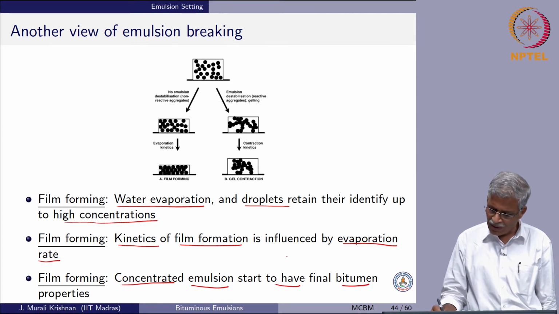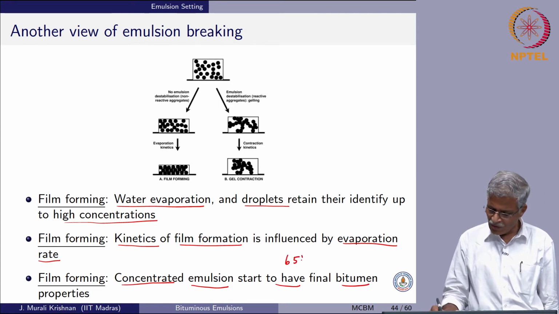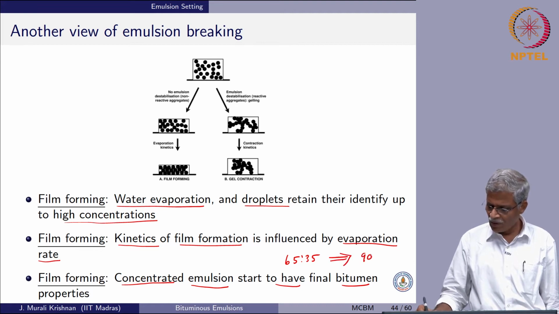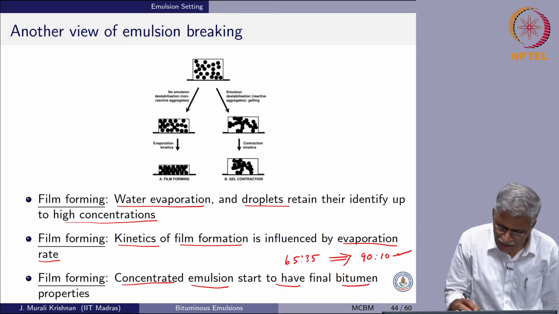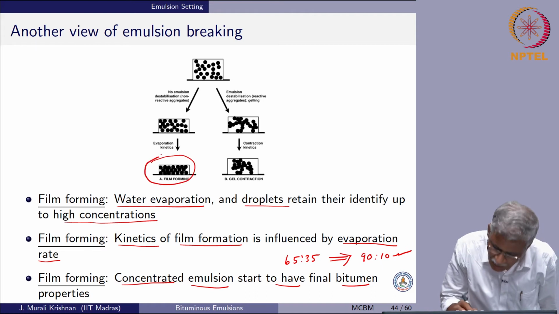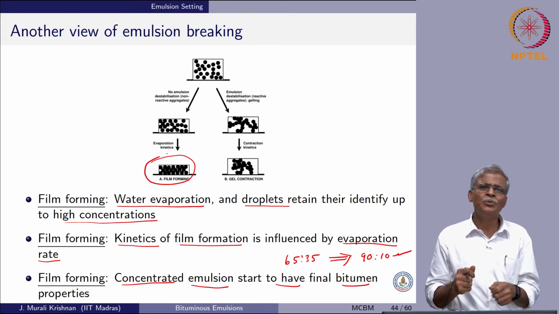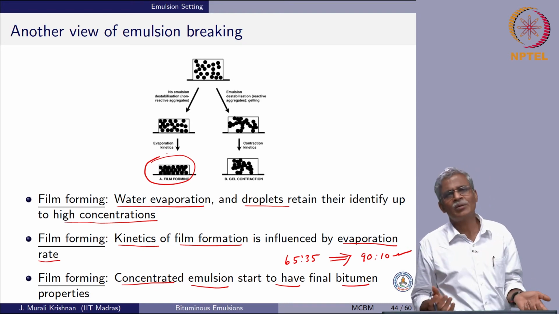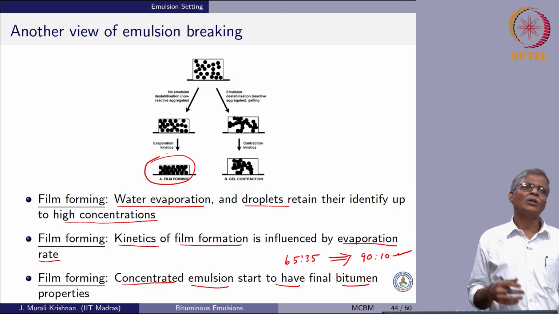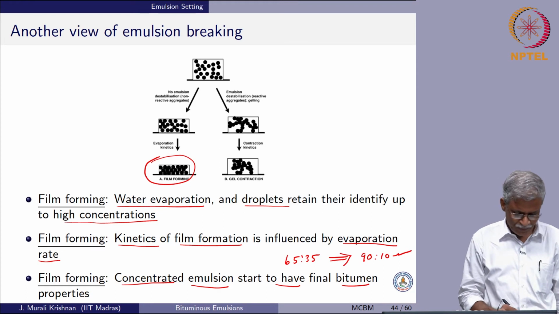So, in fact, as I said, 65 to 35 becomes 90 to 10, etc. As the droplets are pushed close to each other, you can actually see here they are very close, the barrier has to break and the emulsion should start breaking, the flocculation and the coalescence should really happen.